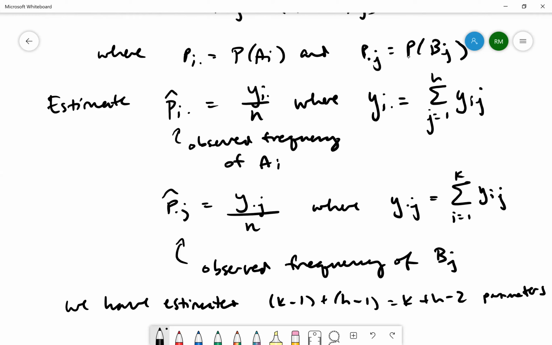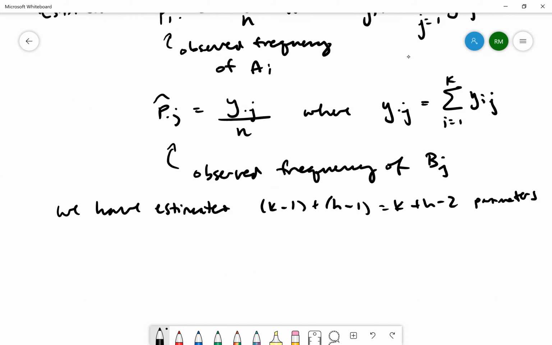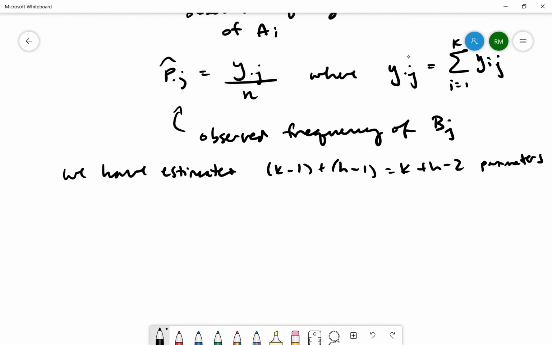And when you're estimating the P dot j's, you only need to estimate the probability of B1 through Bh minus 1. So remember that when we do our chi-square random variable, we'll need to subtract off from the degrees of freedom the number of parameters we estimated.